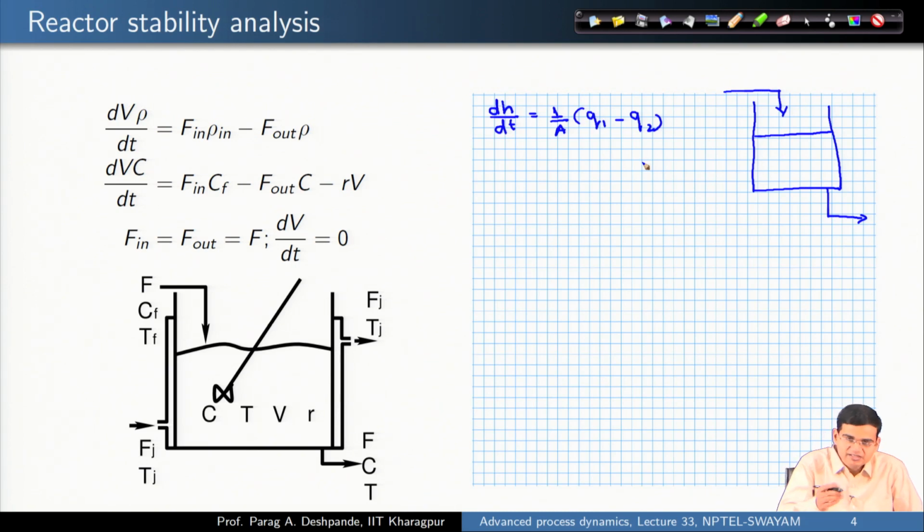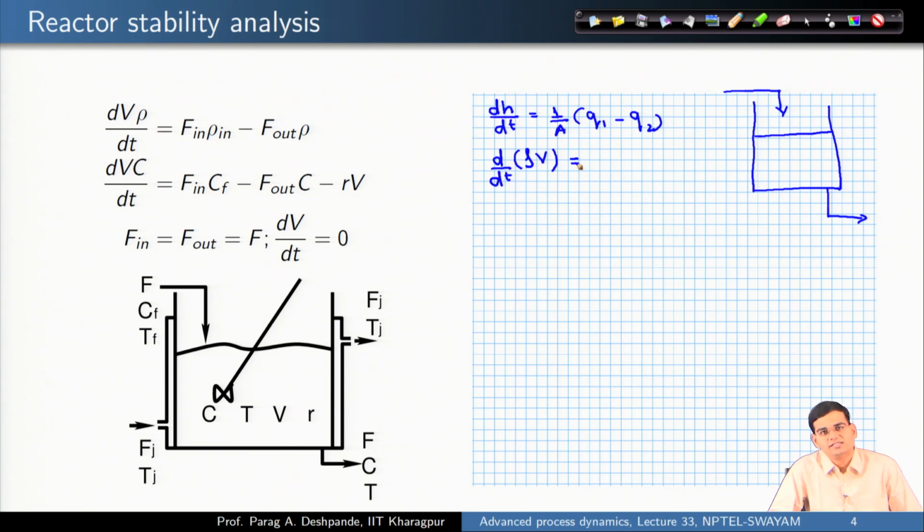You have the rate of change of mass inside the system given as d by dt of mass, which is rho times volume. Remember, when we solved this particular case previously, we had assumed constant density, and density got cancelled out from both sides. Now, we are explicitly taking the density, and this would be equal to what?